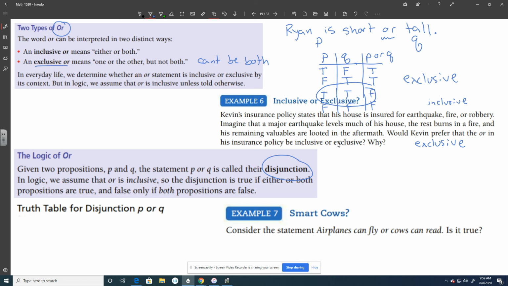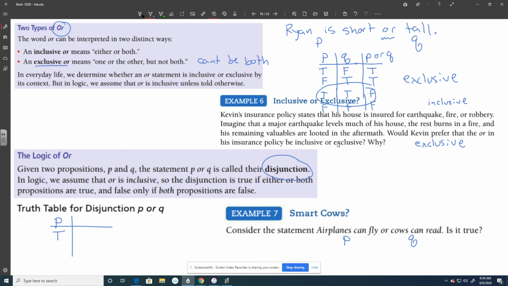We can do another truth table here. Consider the statement, airplanes can fly or cows can read. Is that statement true? Well, airplanes can fly. We'll call that the P proposition, and Q will be the cows can read. So is that statement true or not? Well, airplanes can fly.